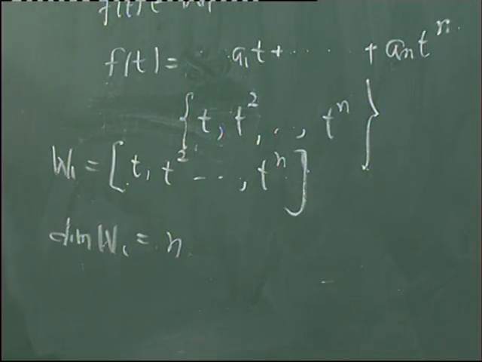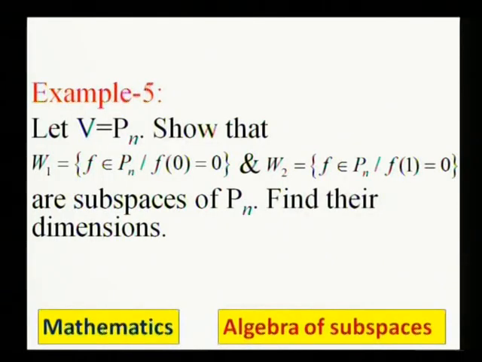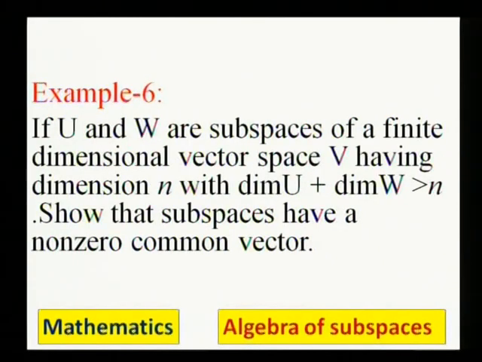Now, that I give as an exercise. What we are given here is this. We are given that V is a finite dimensional vector space, and U and W are two subspaces such that dimension of U plus dimension of W is greater than n.